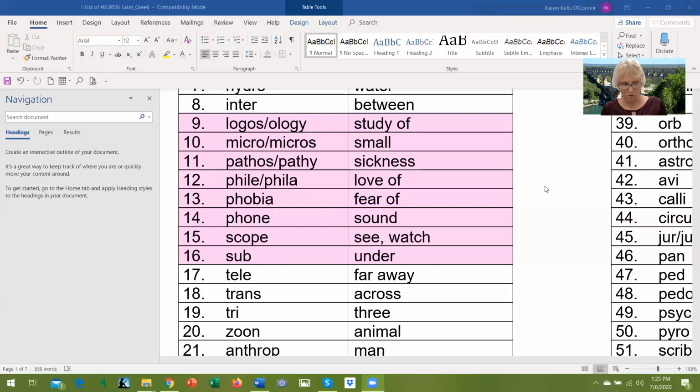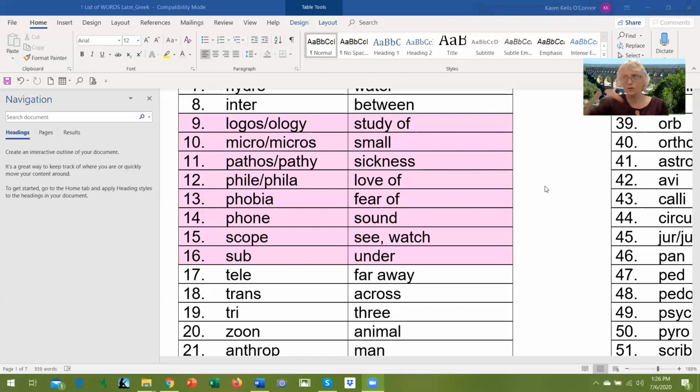Next is phone, which we've talked about already in other words last week. Phone means sound, so telephone, that's a very common one. A telephone, tele meaning far away sound. Microphone, small sound.